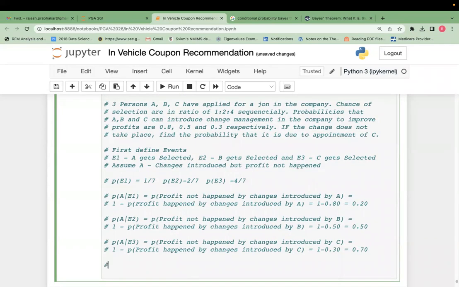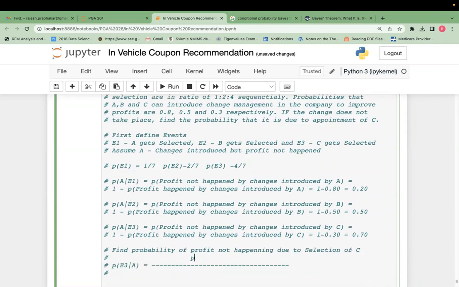We have to find the probability of not happening due to selection of C, which is probability of A given E3 multiplied by probability of E3, divided by probability of A given E1 multiplied by probability of E1, plus probability of A given E2 multiplied by probability of E2, plus probability of A given E3 multiplied by probability of E3.